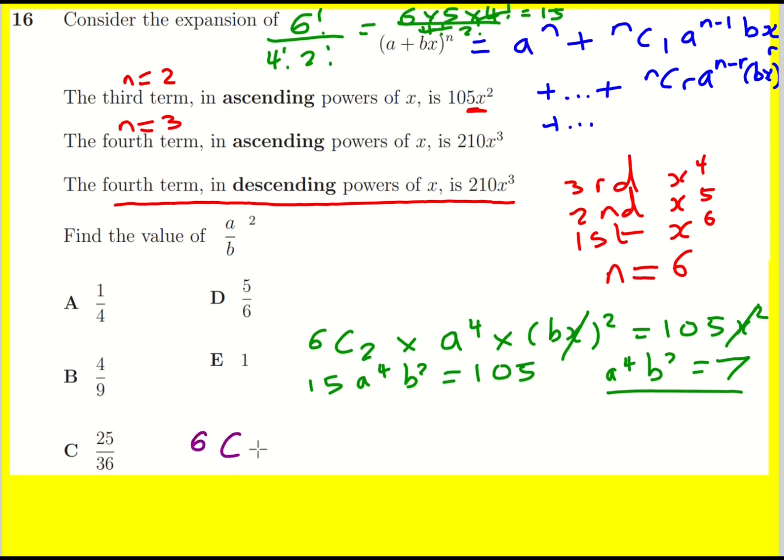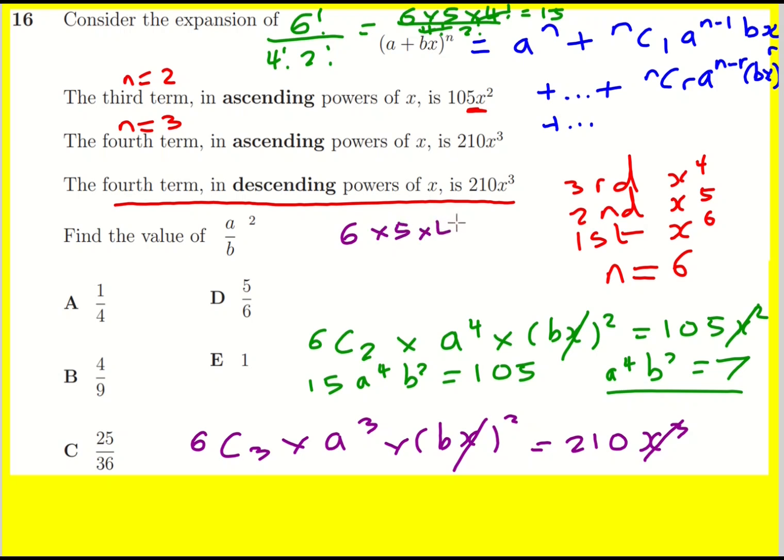So 6C3 times a to the 3 times bx to the 3 is 210x cubed. Again, I can get rid of the x's. 6C3 we work out in a similar way. It's going to be 6 times 5 times 4 times 3 factorial over 3 factorial 3 factorial.